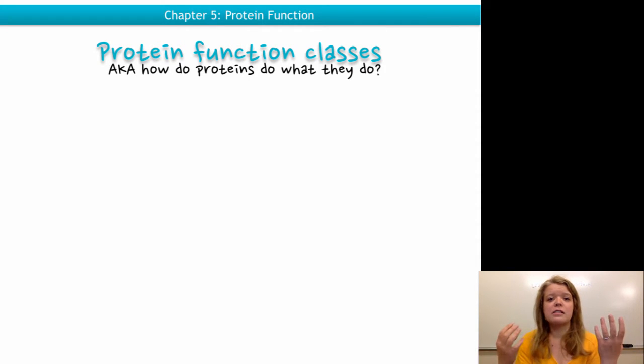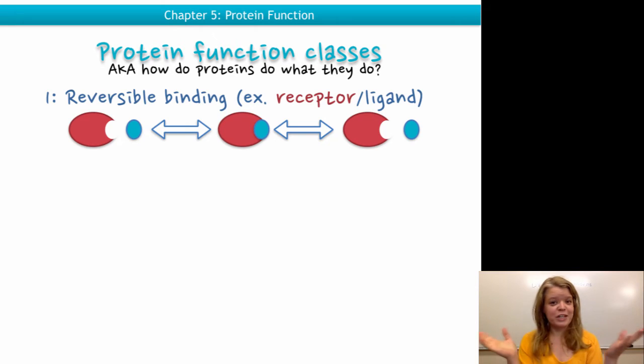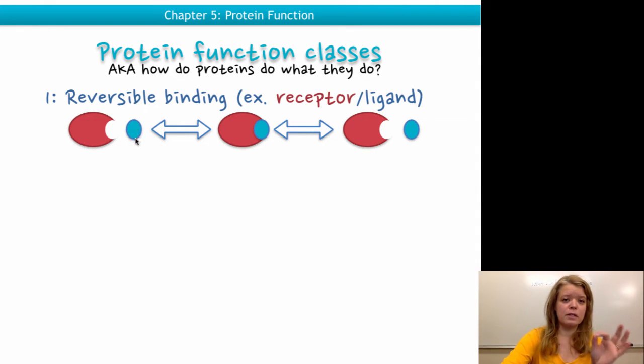The first class of protein function is the reversible binding class. So an interaction between a protein and a ligand of some kind, represented schematically as a colorful blob. You can see that this is the protein, and it has an area which will interact with the ligand, which is blue.